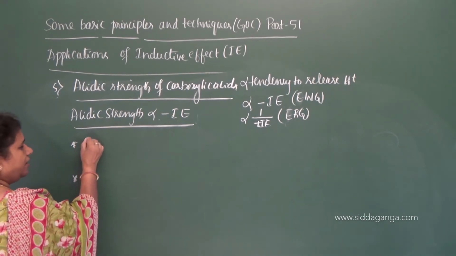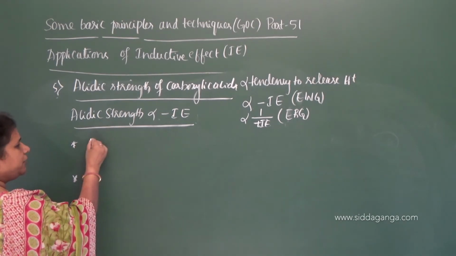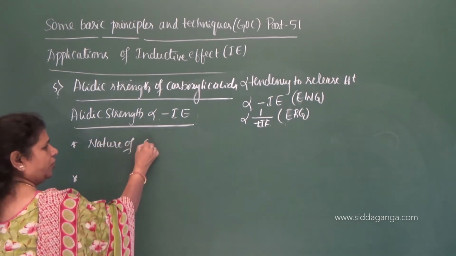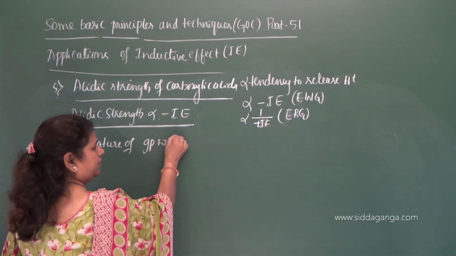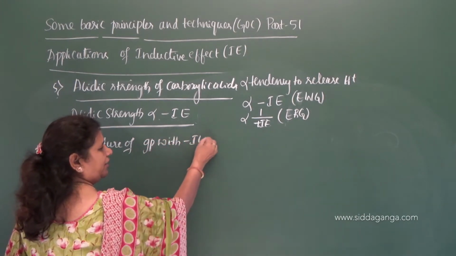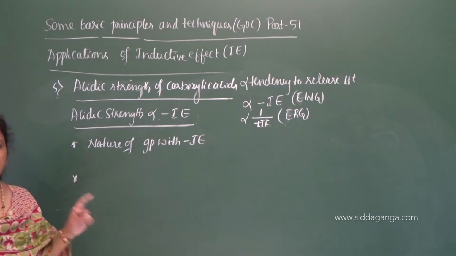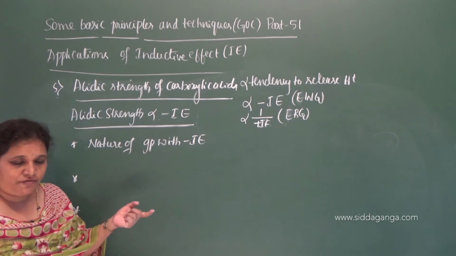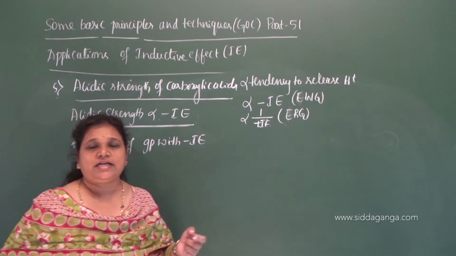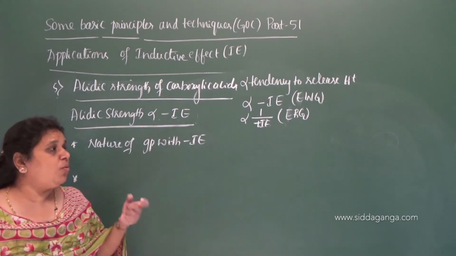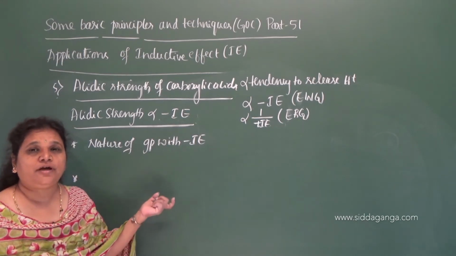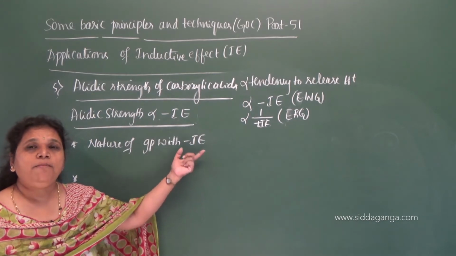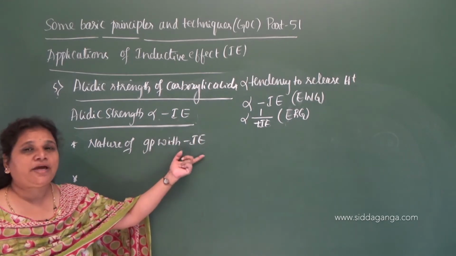First one is the magnitude, the nature of the group with negative inductive effect. So what do you mean by nature of the group with negative inductive effect? Because the group, if it exerts negative inductive effect, what is the magnitude of the minus I effect given by that group?